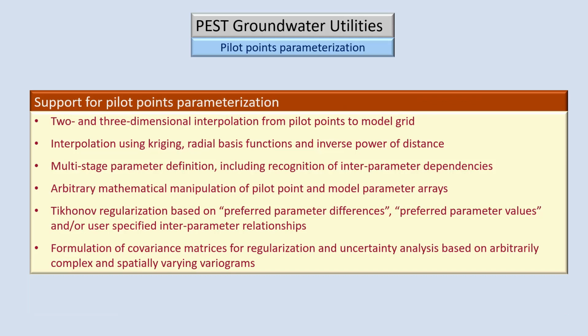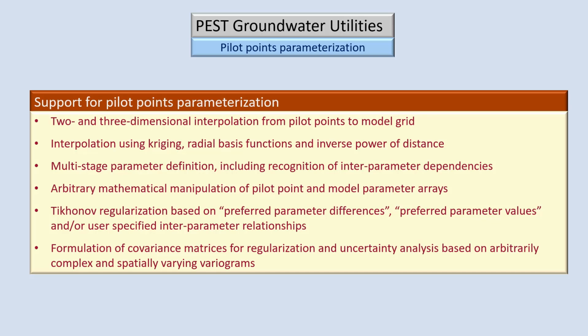Extensive support is provided for pilot point parameterization, particularly in contexts of unstructured grids. Hence, pilot point parameterization can be used in calibration of ModFlow USG, ModFlow 6, FeFlow, and other models.